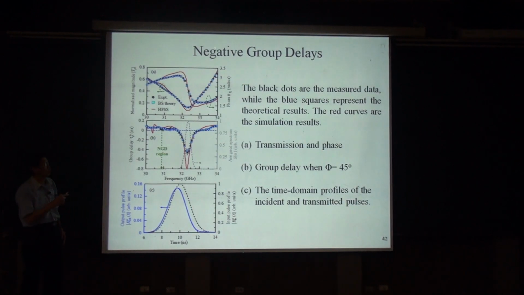here is the experimental result. This is the normalized amplitude. The red line is the simulation result, where we consider a birefringent crystal, a birefringent structure, and this is the experimental result, the solid dots.